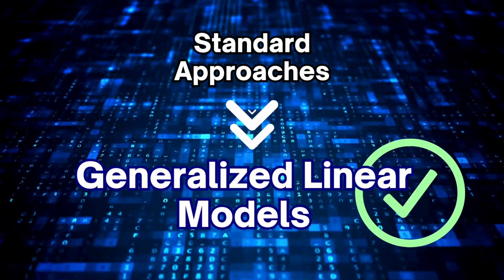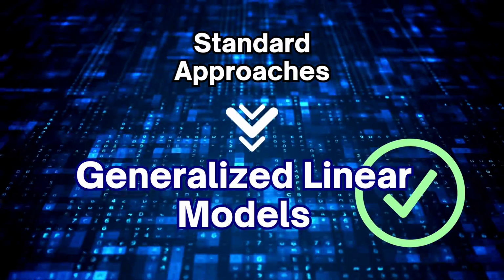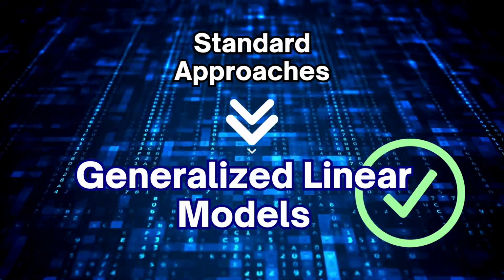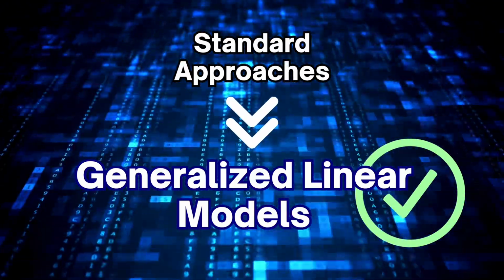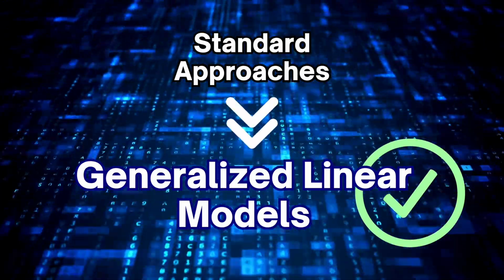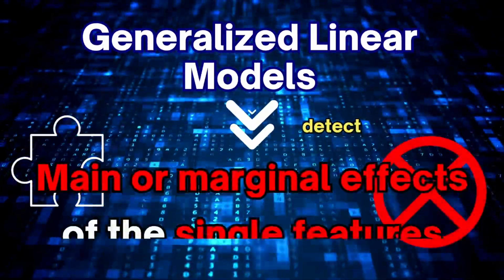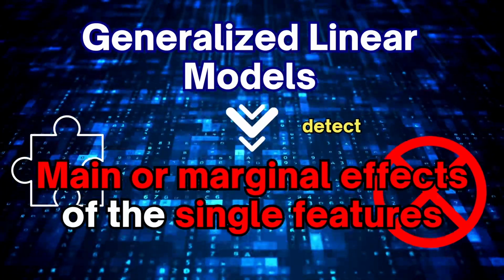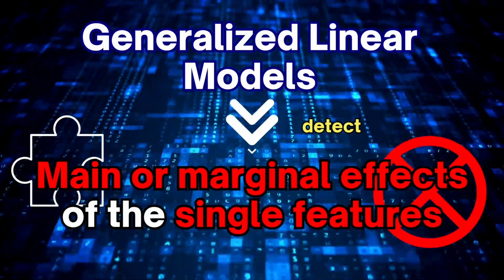If we look at the standard approaches, such as generalized linear models, they may be ideal, and machine learning is tempting for making predictions. However, most of these algorithms focus mostly on main or marginal effects of single features in a dataset.